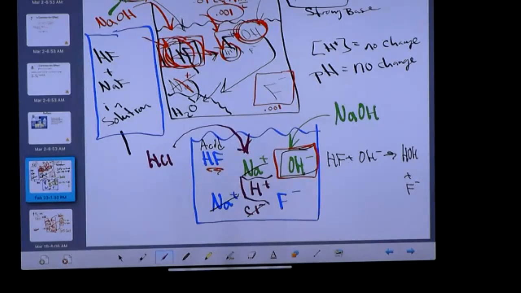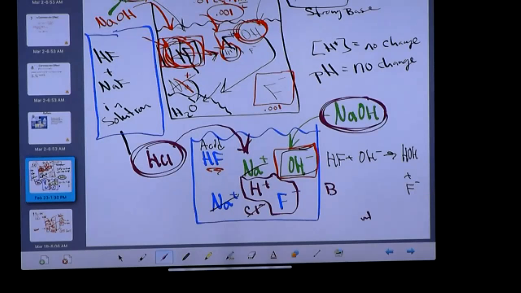The F minus. The F minus will neutralize any acid that is added, and the HF will neutralize any base that is added. So if I have a solution that can neutralize both things, we call this a buffer.